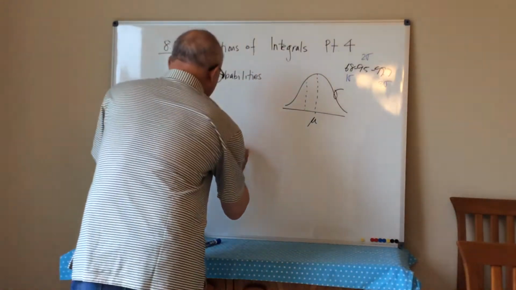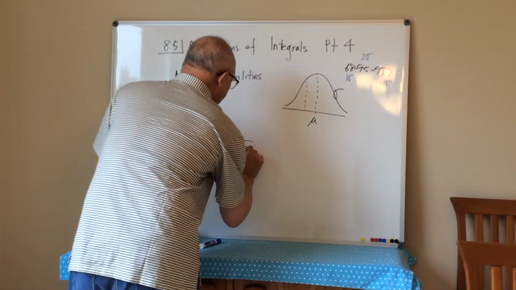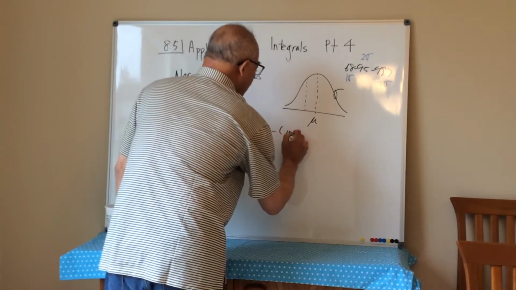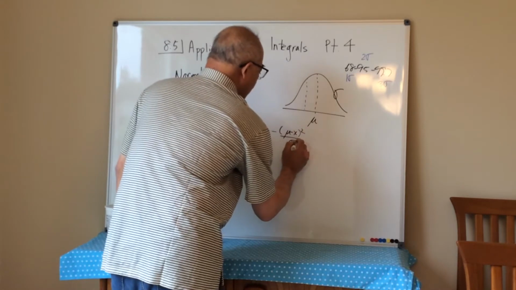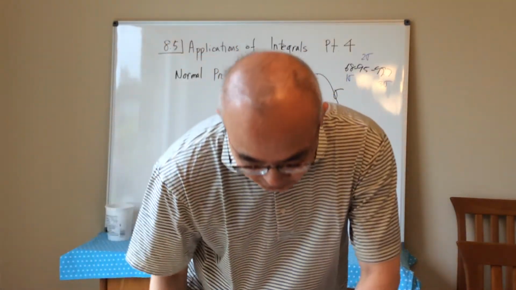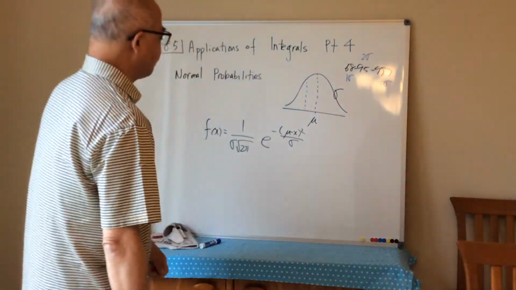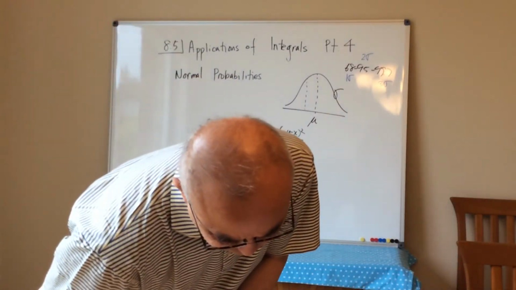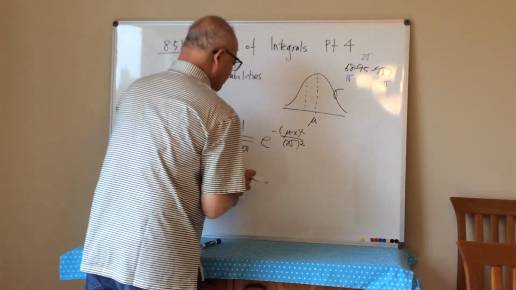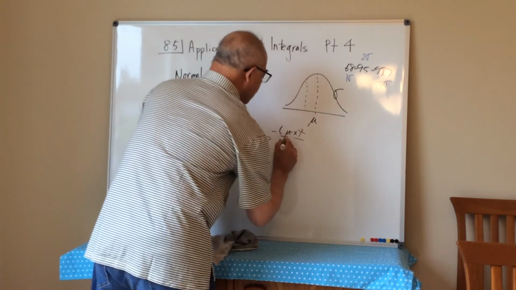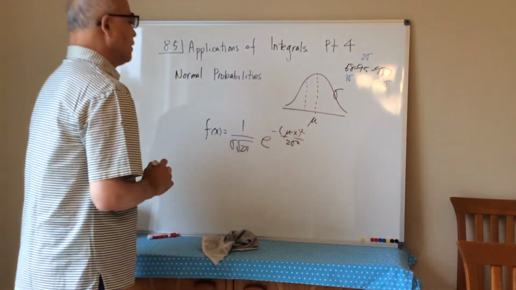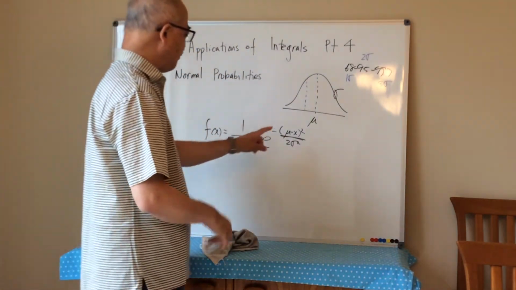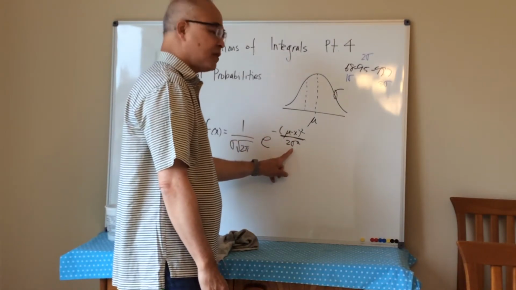It's going to be 1 over sigma root 2 pi times e to the negative x minus mu squared over 2 sigma squared. Okay?